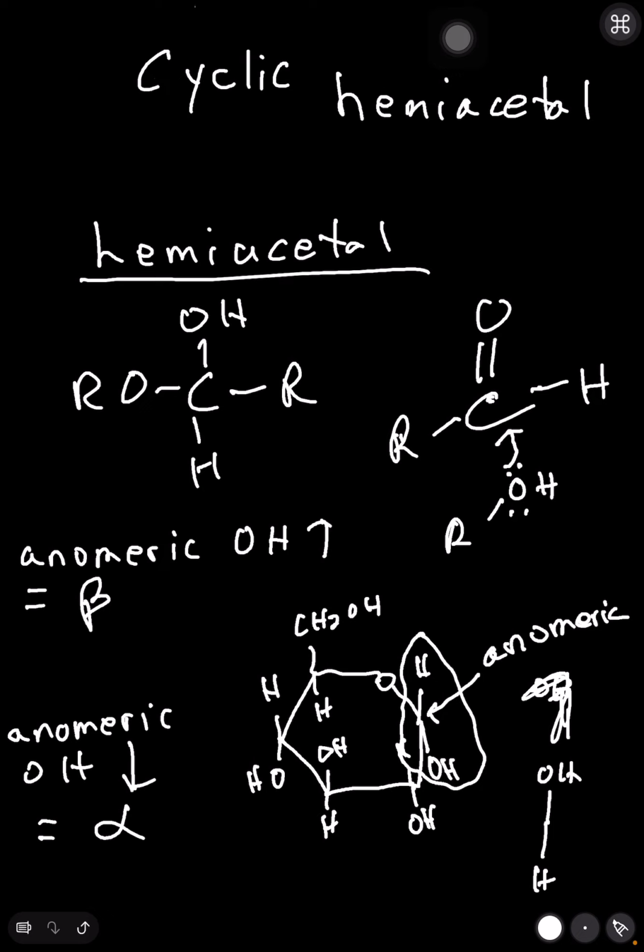That's going to be important to remember, because when we start putting these cyclic monosaccharides together, we're going to form alpha linkages and beta linkages, and it's all based on what direction your anomeric carbon is pointing. So when we cyclize glucose, we form a hemiacetal, specifically a cyclic hemiacetal, and we form an anomeric carbon. Which way that OH ends up pointing will determine whether it's alpha or beta.